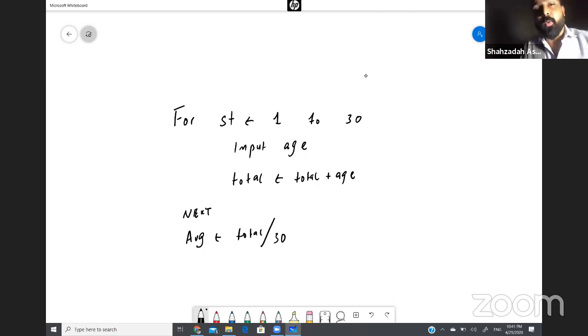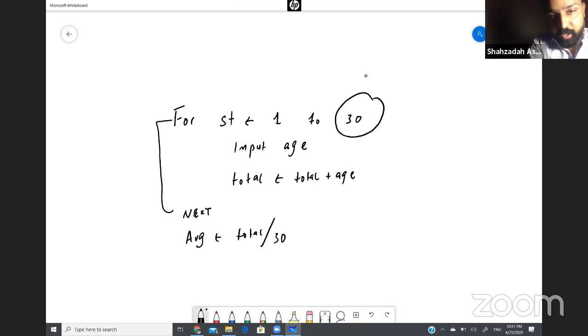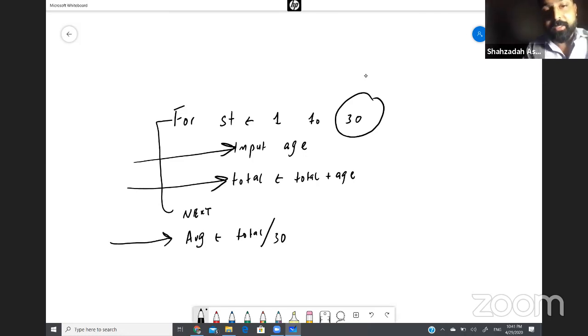All right. What if now you think of that, let's suppose in a school, you have 10 classes. In every class, you have 30 students. So just like you create this for next loop for 30 students to input their age, to calculate their total, and then calculate their average after doing the total of 30 students.